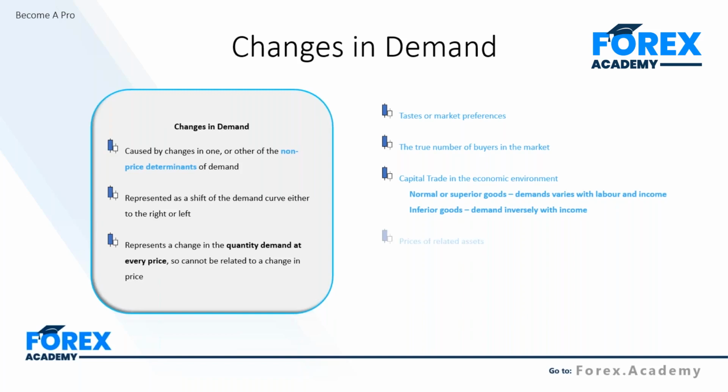Obviously, they're very, very strongly correlated given they're both trading oil, but they have slightly different grades of oil, and there is a spread between them, usually around $3 to $4. Now that spread can change drastically. It has been at $7, $8 before. Why may that be? Well, various different factors, but the point being, of course, prices of related assets will change your perception of demand.